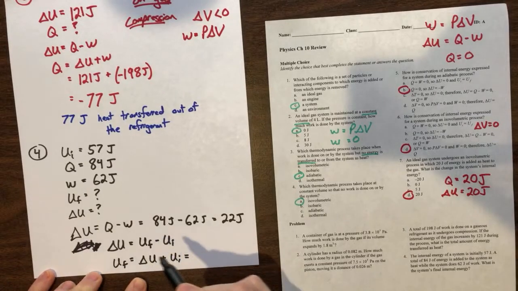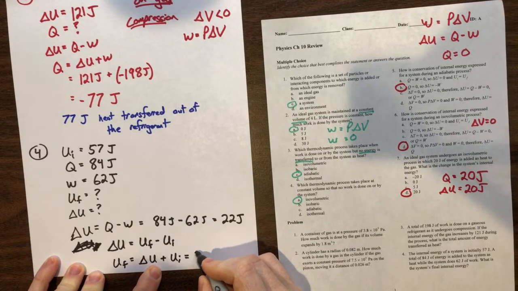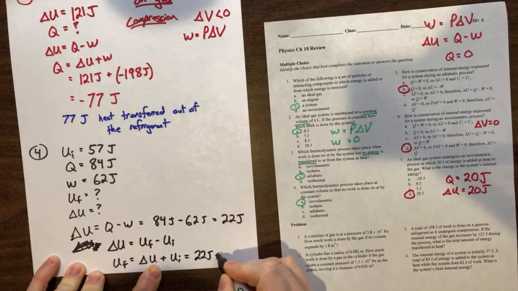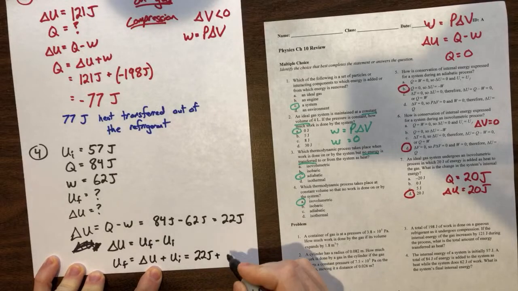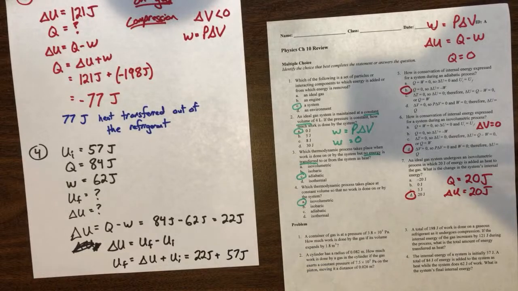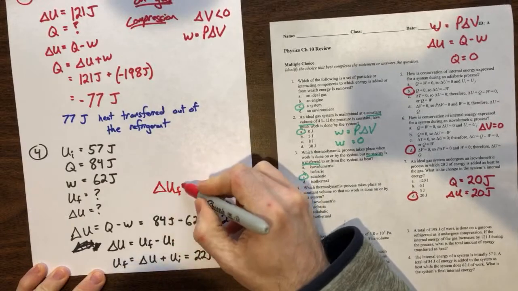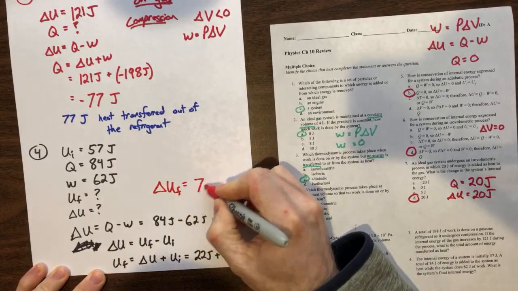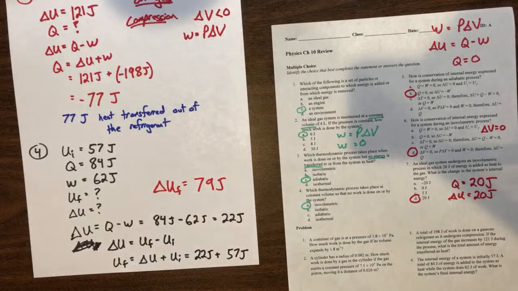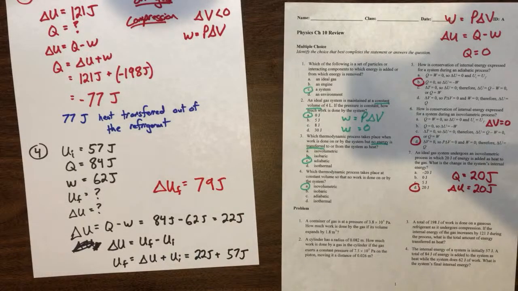And so that delta U we said was 22. And the initial value we said was 57 joules. And so we just add the two together and I'm running out of space here. But when you add the two together, 22 plus 57, that gets us a final value of internal energy of 79 joules. Okay. So any questions on number 4?